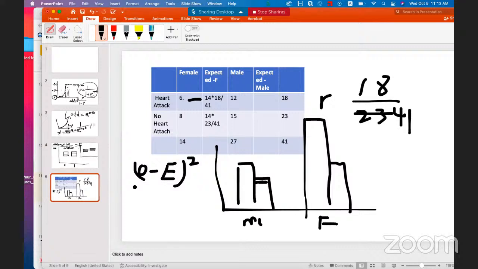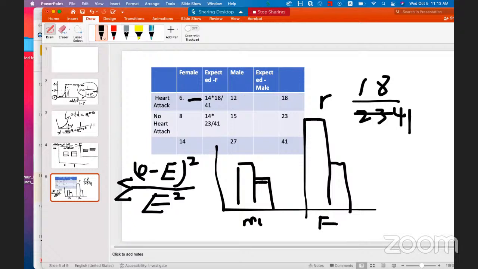And it should be a relative number, so it divides by the expected value. Then add all these numbers together, and I get the eventual chi-squared number.